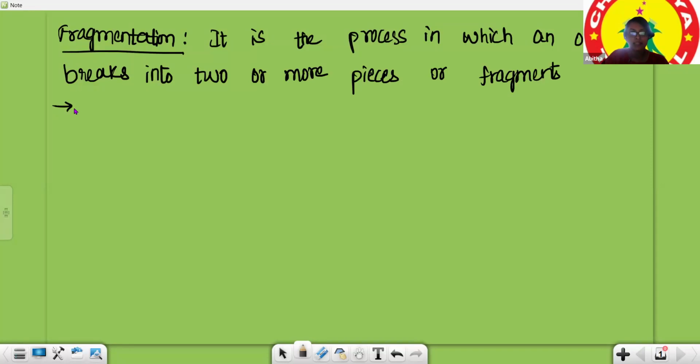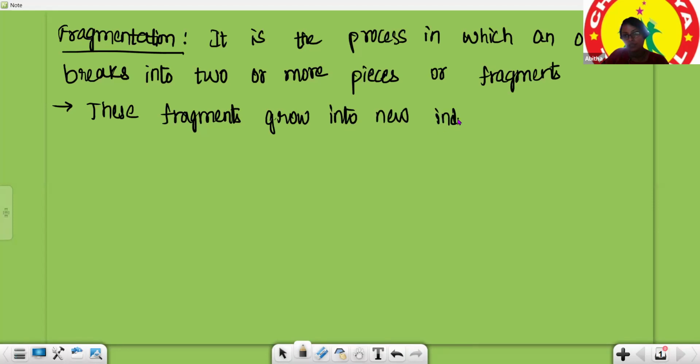These fragments develop into new individuals. So these fragments grow into new individuals.